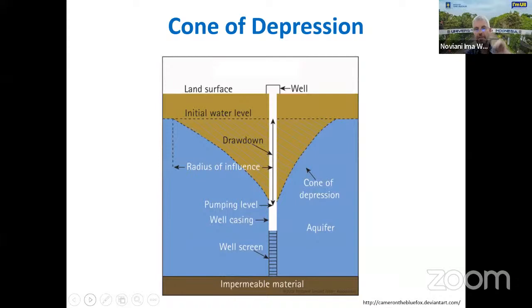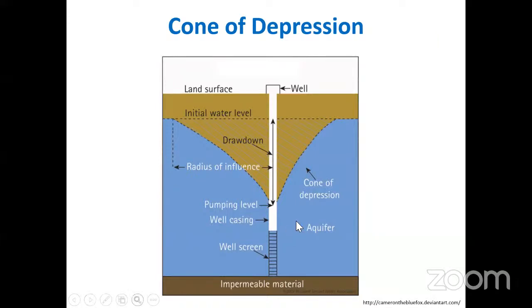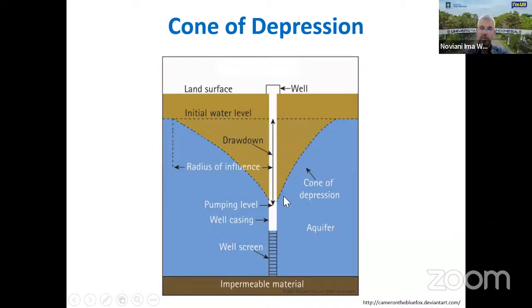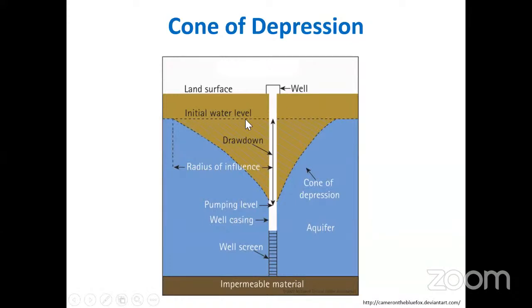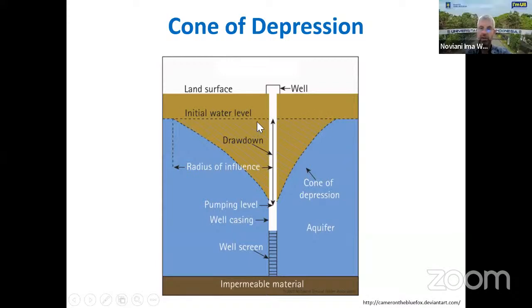Okay, so let's begin with what happens when you start pumping a well. In this picture, you see a well. Blue means the area is saturated, that's the saturated zone, and the brown area is the unsaturated zone. The dashed line here is the initial water table. So this would have been the water table, or the level in the well where the water was.